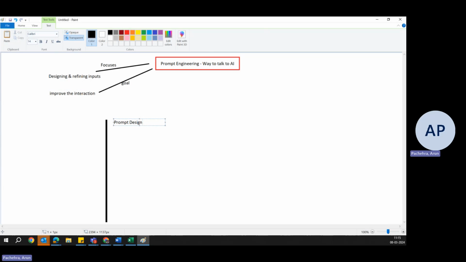Now we are talking about the aspects of prompt engineering, which will help us to be better in engineering the prompt. Just like Sadhguru is doing inner engineering, trying to make people better, here in this video we are trying to make the prompt better.